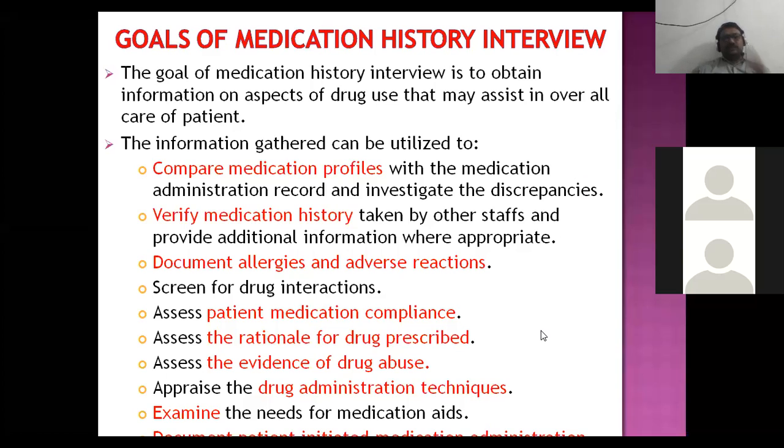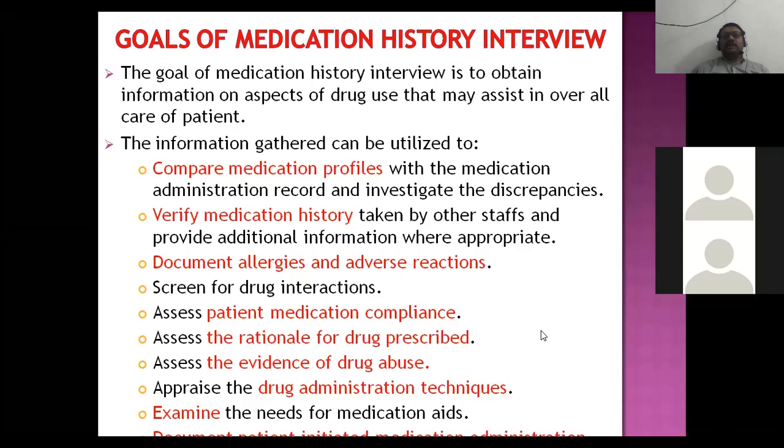Medication records are collected. Verify medication history taken by other staff, which provides additional information whenever required.